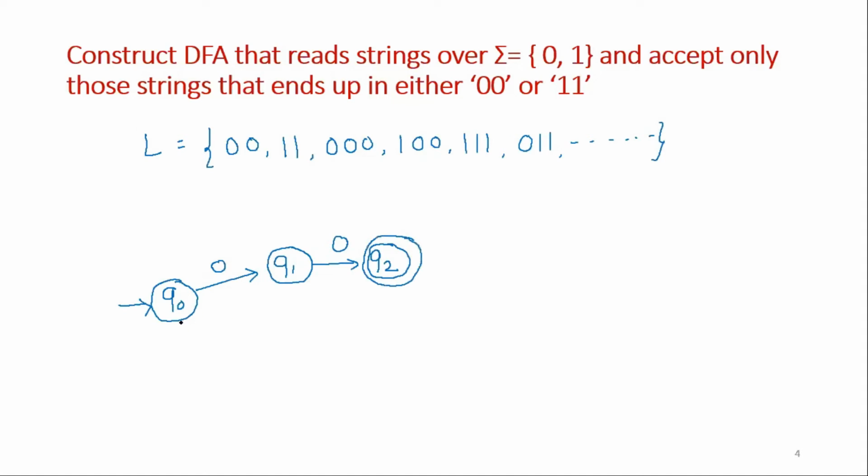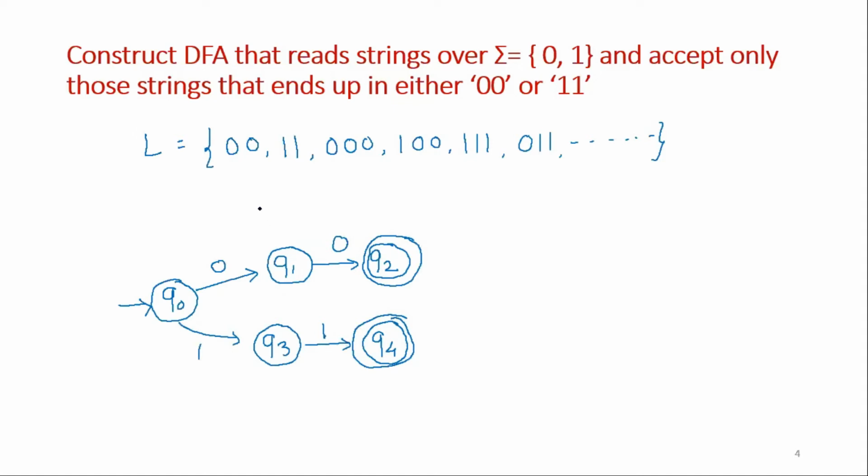Then in Q0, on reading 1 it will go to Q3. Then Q3 will read the next 1 and it will go to Q4. Again this Q4 will be a final state. So using this simple DFA, it will accept the two strings 0 0 and 1 1.